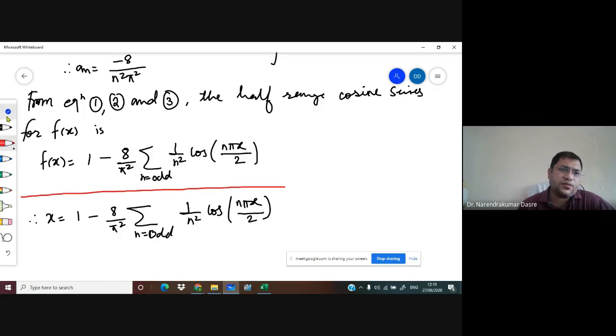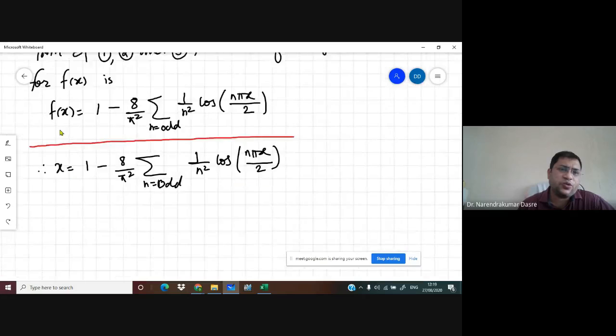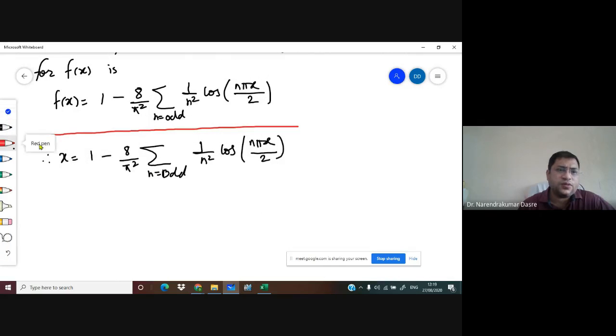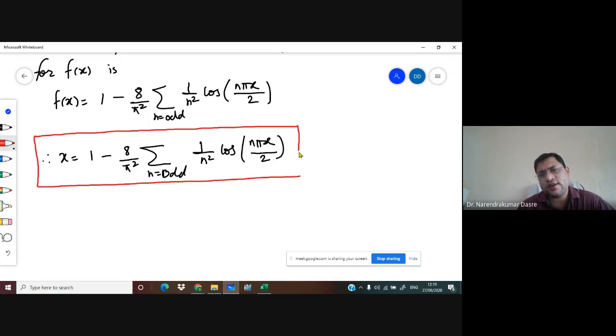So this way we are able to find the half range cosine and sine series.